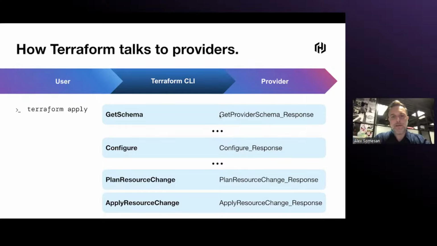Here I'm detailing a subset of the gRPC calls that are being passed around from Terraform into the provider and the responses that come back. The very first thing that happens is that Terraform asks the provider for a schema. You notice here, the very first call is the get schema call. The provider responds with a specific response type for that call, the get provider schema response.